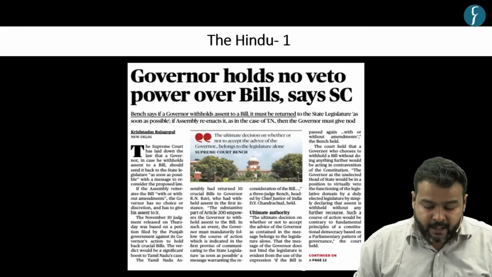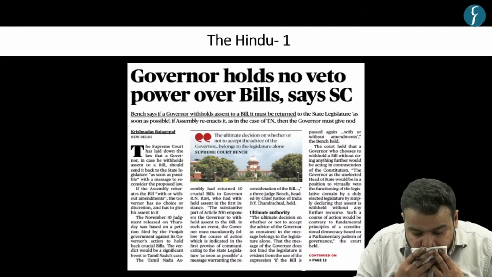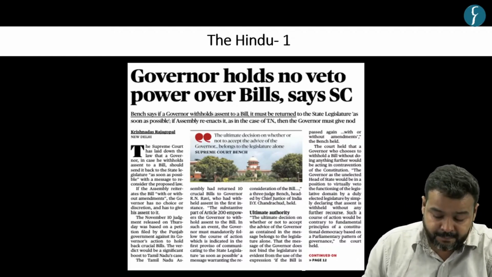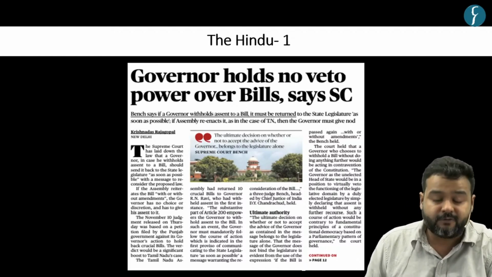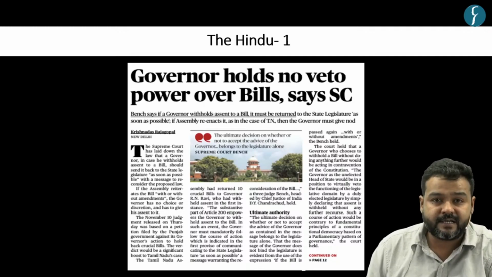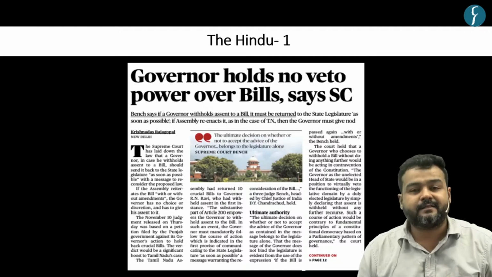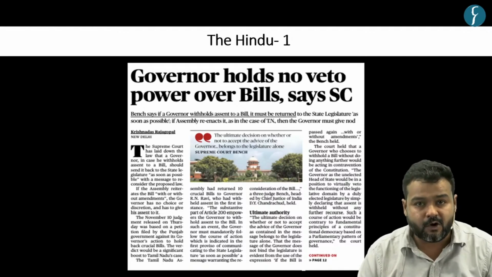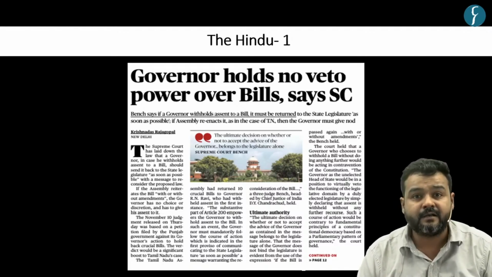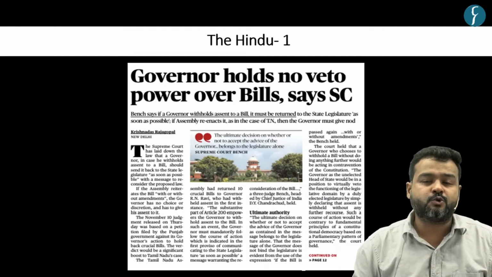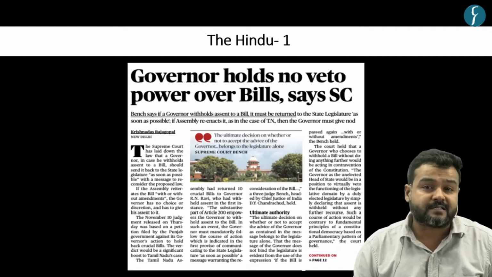The last question of the prelim section is based on the veto power of the governor. Of late, certain states are alleging that the governor of the state is acting at the behest of the central government and acting as an agent of the central government, and they are sitting idle on the issue of giving assent to the passed bills.